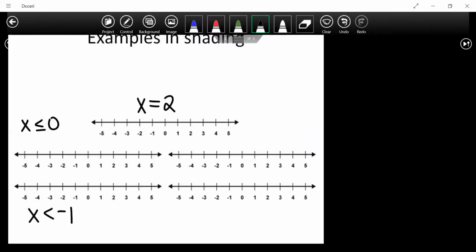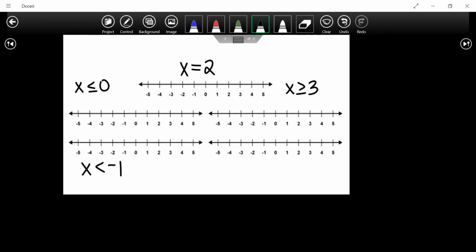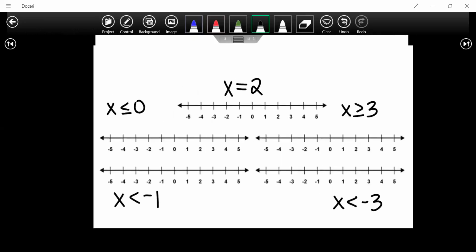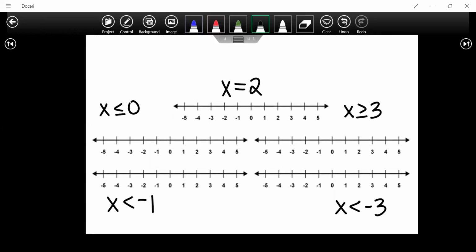And we'll do x is greater than or equal to 3. And our last one here, x is strictly less than -3. So give me 4 nice little lines. We're going to draw these out. You should be able to do these. Again, we've learned all these already.